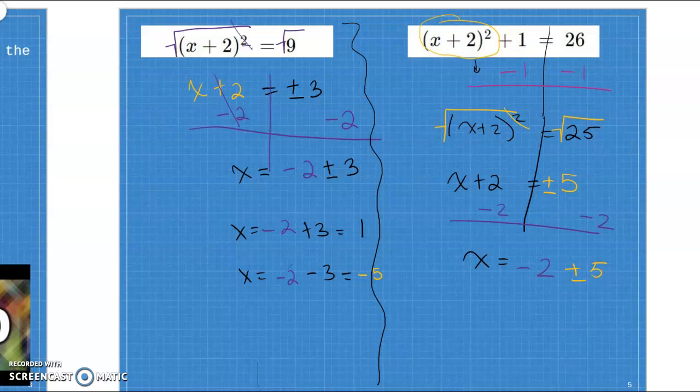Now, the reason I put the plus or minus 5 after the -2 is specifically because now I can instantly see, oh, I need -2 minus 5 and -2 plus 5. That way I can have my two answers. So I would get -7 and 3.